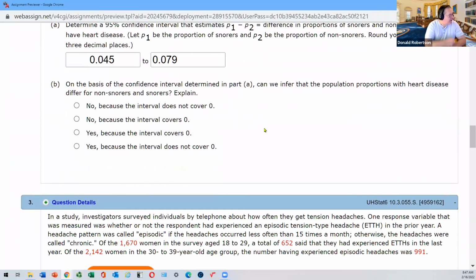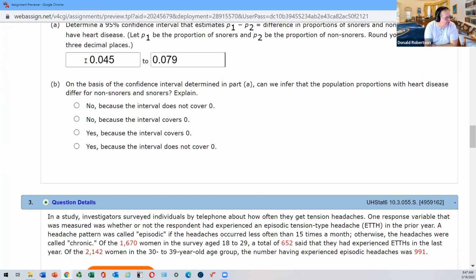And a little question at the end. On the basis of this confidence interval, can we infer that the population proportion with heart diseases differ between non-snorers and snorers? Yeah, I would have phrased that differently. In fact, isn't that evidence that people who snore have a higher incidence of heart problems?